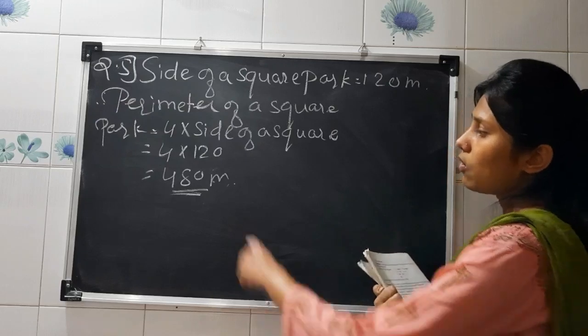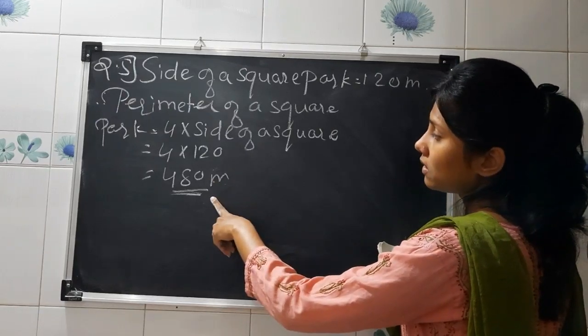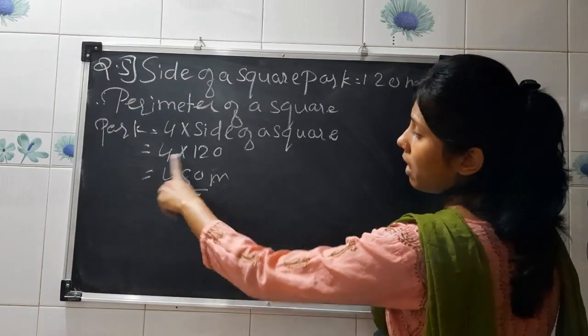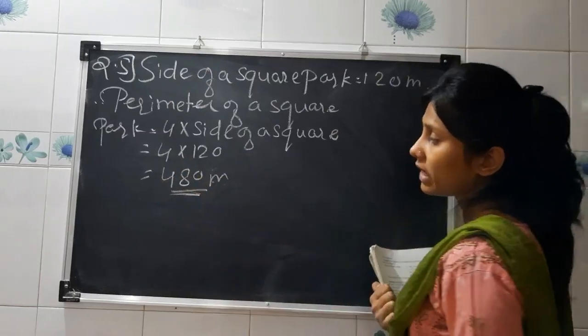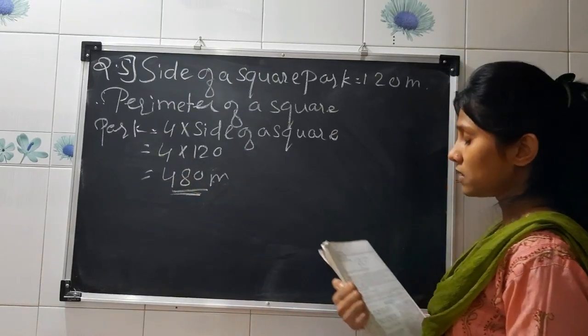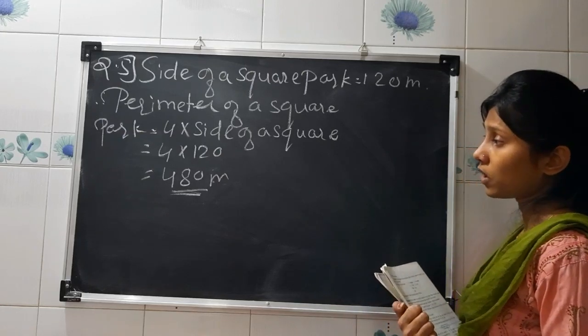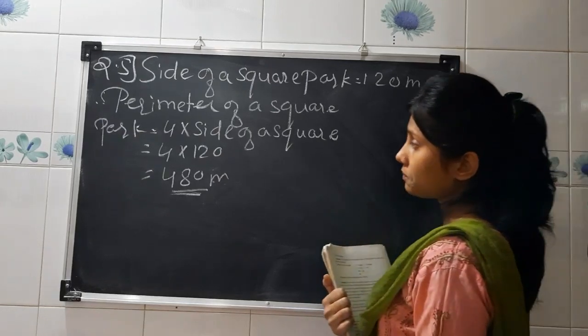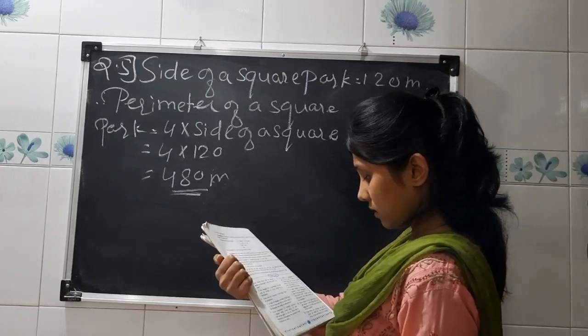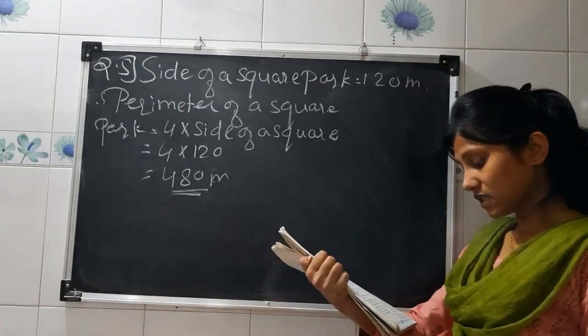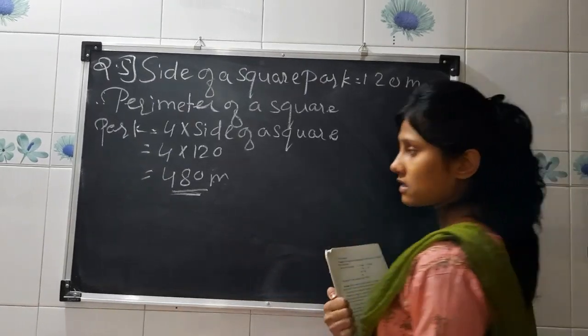Okay, now around the square park of 480 meters, Sanju walks 12 rounds. So we have to find out the distance walked in kilometers and meters.